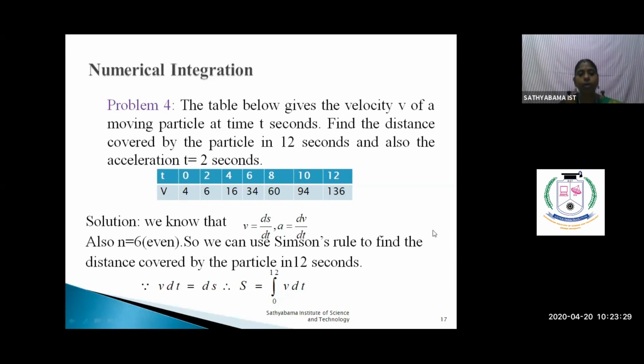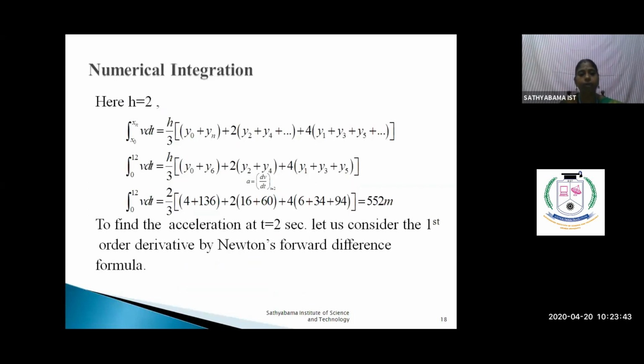You know well the acceleration formula from velocity: acceleration equals the rate of change of velocity, so a equals dv by dt. So I have to find the first order derivative, and that is your acceleration.